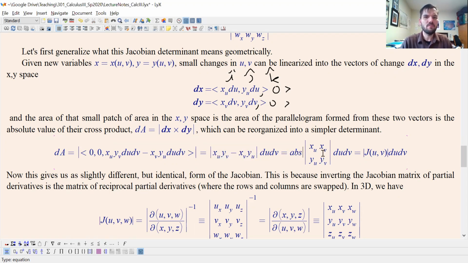And so we have a 2 by 2 determinant for just the partial derivatives, taking the absolute value of that, times du dv, and we call that the absolute value of the Jacobian determinant times du dv.